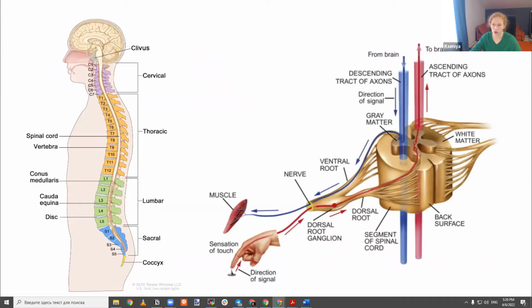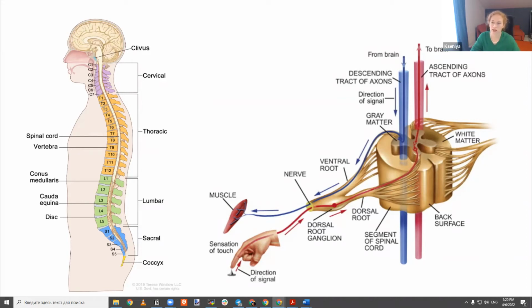Now we turn to the central nervous system, and as you remember, the central nervous system consists of the brain and spinal cord. So the spinal cord functions primarily in the transmission of nerve signals from the motor cortex to the body and from the afferent fibers of the sensory neurons to the sensory cortex.